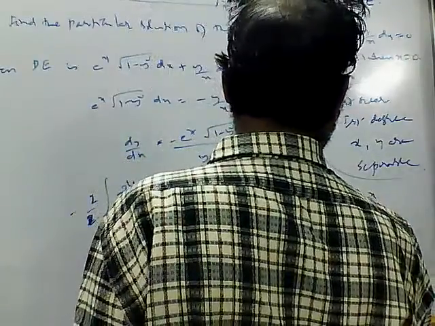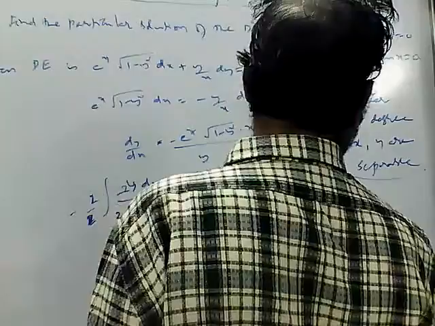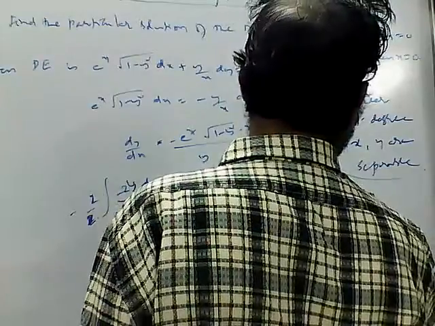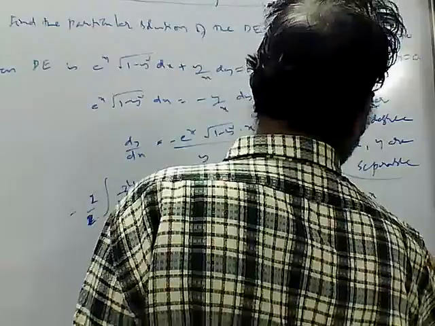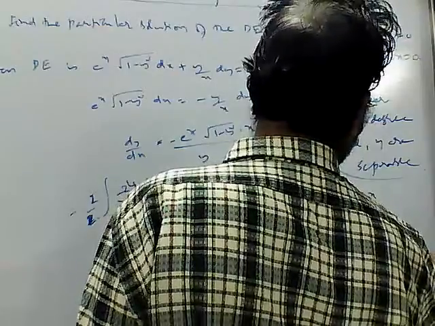Here u is equal to x, v is equal to e power x. So integral u v dx is equal to u into integral v dx minus integral of u dash into integral v dx whole dx.